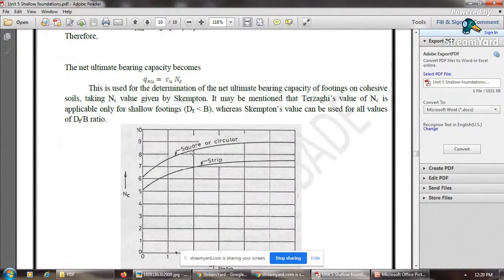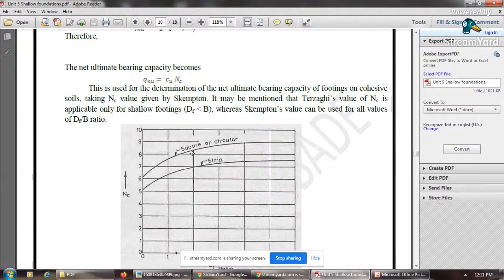So this is used for the determination of the net ultimate bearing capacity of footings on cohesive soils, taking the Nc value given by Skempton.